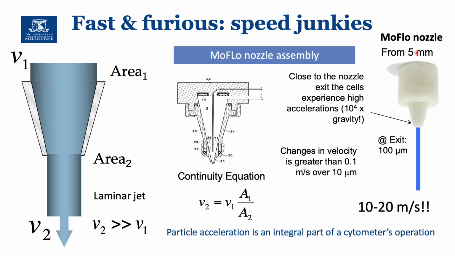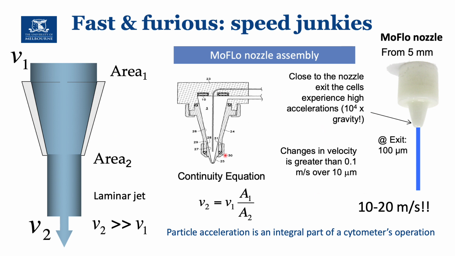Now, what happens when you inject liquids in a very large cross-sectional area at a given velocity and attempt to pass it through a smaller area is that the fluids will accelerate substantially. And it can be so strong that, for instance, in the jet in air instrument, the jet is flowing at a rate of 10 to 20 meters per second.